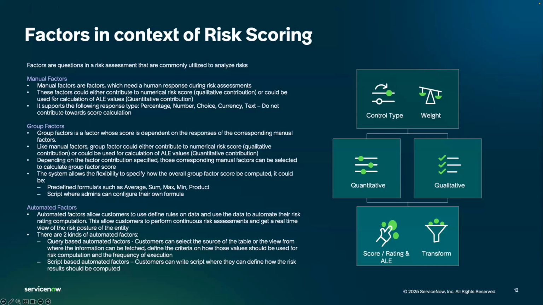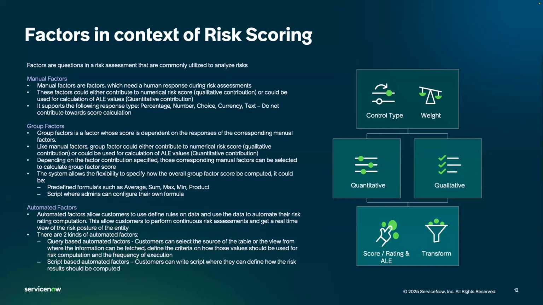Manual factors. These are your human-centered questions. An assessor sees the question, selects or enters a response. Manual factors support multiple response types: percentage, number, choice, currency, and text. Note that text responses don't contribute to score calculations.